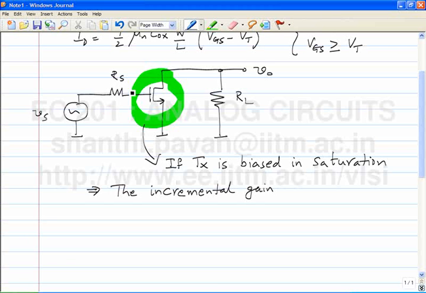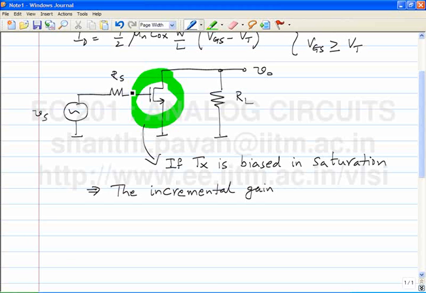For any nonlinear network, when you're trying to find the operating point first, what would you do? Short out, so basically de-energize all the incremental sources. So all the incremental voltage sources will become short circuits and all the incremental current sources will become open circuits. So to find the operating point in this network, what would VS become?